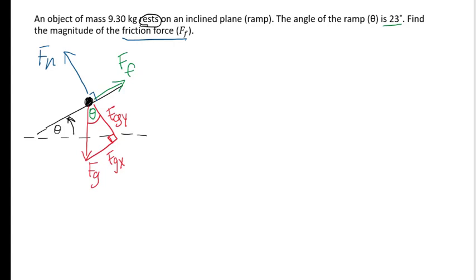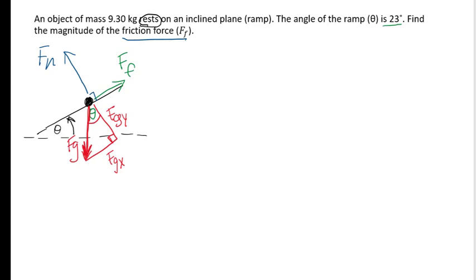Just to clean this up a bit, I'll move the Fg over to the other side here. So the actual weight vector is Fg, straight down. And then we have an x and a y component for the weight. So we need to find the magnitude of the friction force here. Here's our friction force.